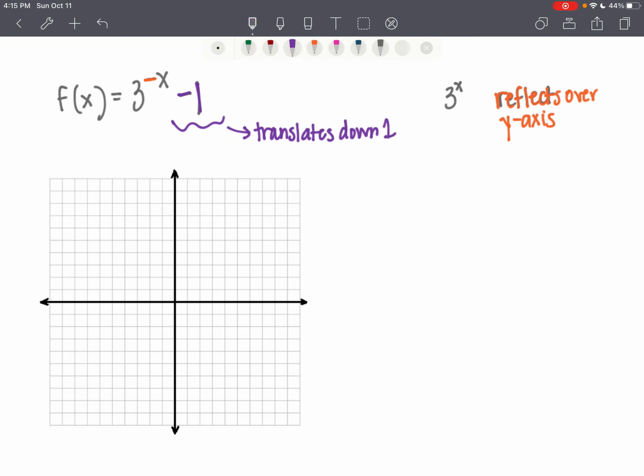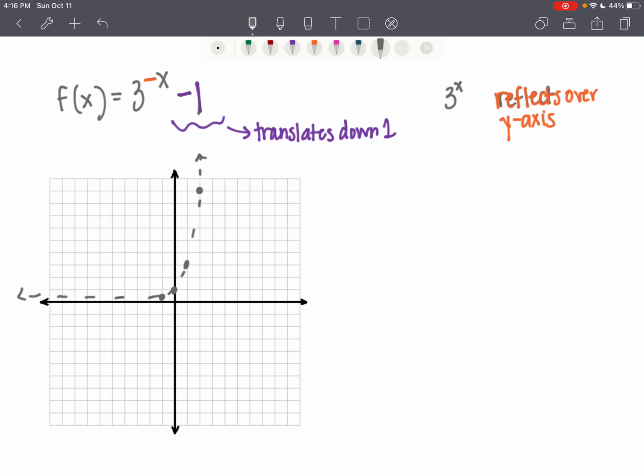So we're going to take our graph of 3 to the x. That would be this graph right here. I'm going to do this right there because I don't really want to make the whole graph, but it's that graph right there that I've put dashed.